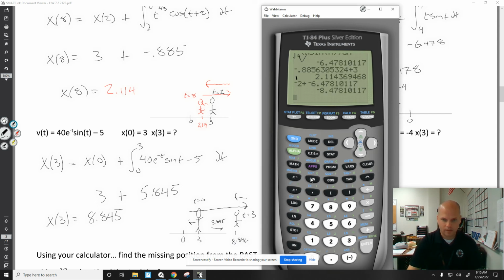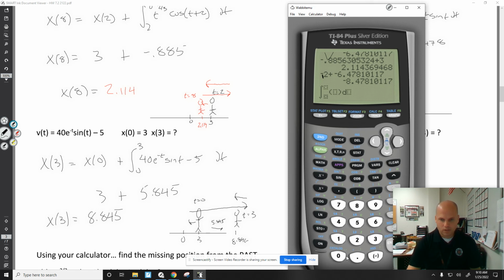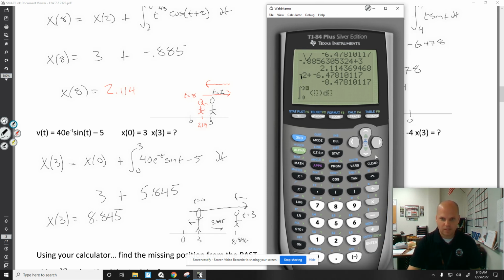And let's just calculate that. 3 plus, or probably good to separate them out just so we can see. Here's my accumulation of my velocities times my times for all of my split seconds. There's that 5.845.